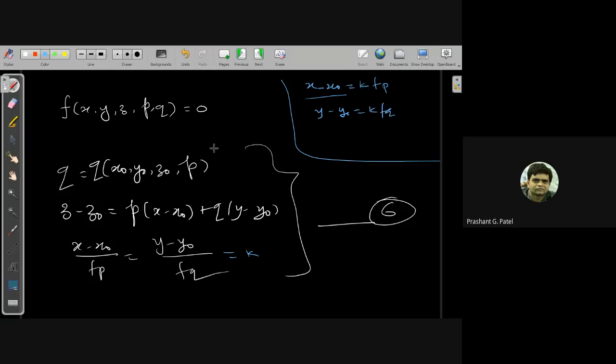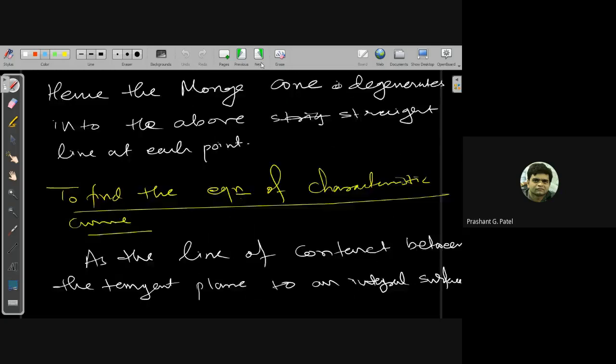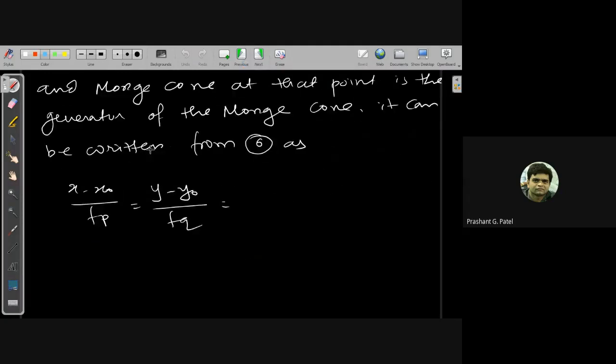If I substitute these x minus x0 and y minus y0 into the plane equation, then z minus z0 is equal to k times p fp plus q fq, k being common. So the value of k is z minus z0 upon p into fp plus q into fq.